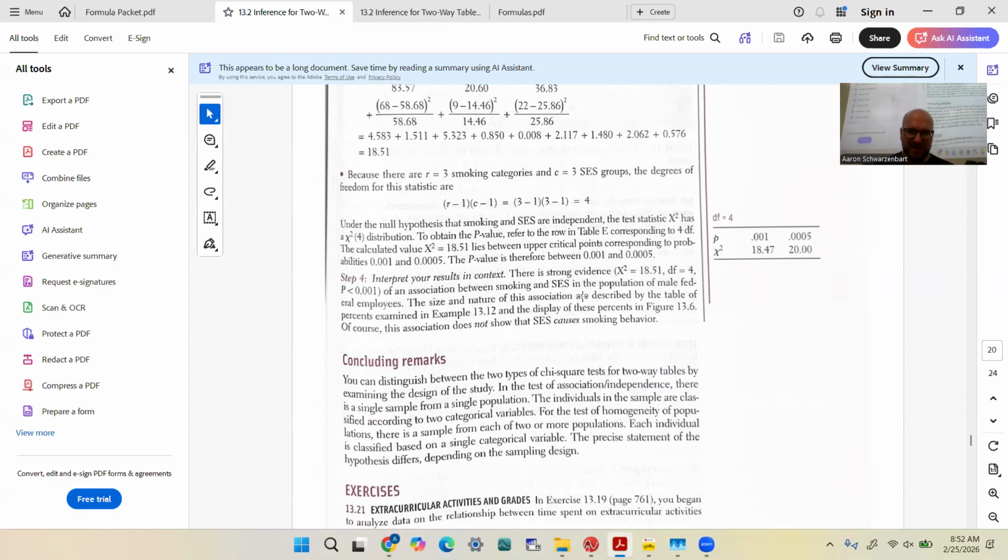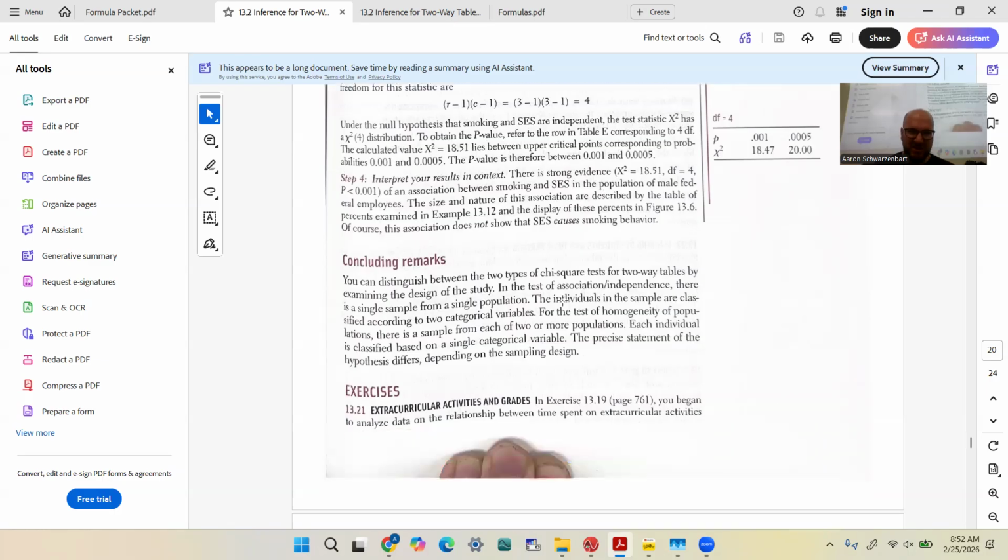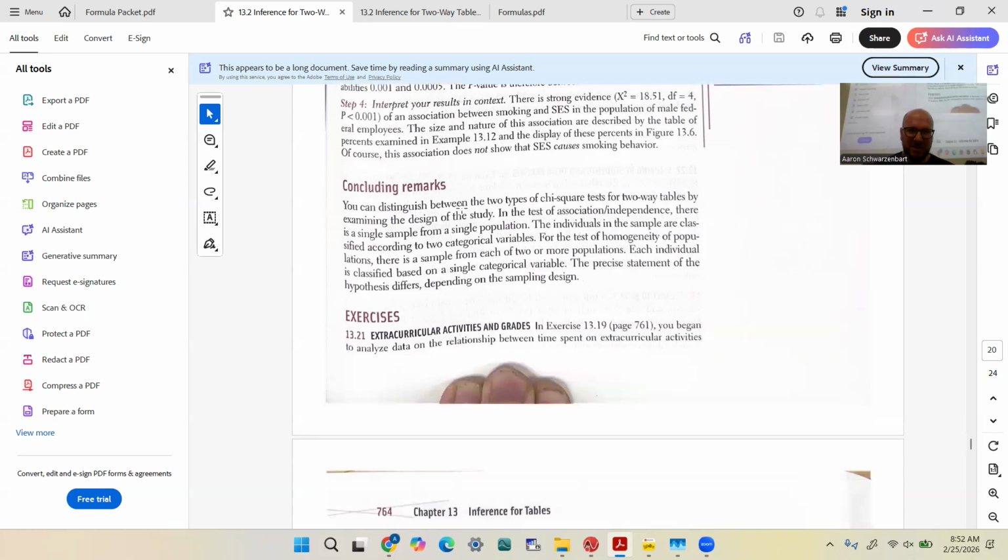Okay. So you can distinguish the types of chi-square tests for two-way tables by examining the design of the study. In an association or independence test, there's a single sample from a single population. The individuals in the sample are classified according to categorical variables. The test for homogeneity of a population has a sample from each of 2 or more populations.